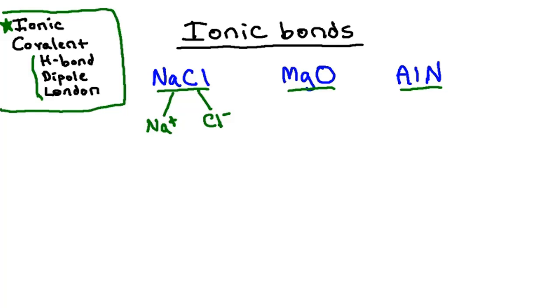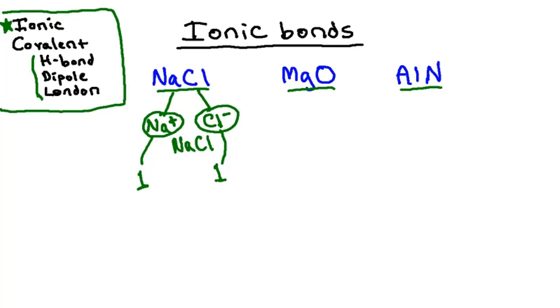And when they come together, the plus and the minus cancel each other out, and so you end up with NaCl, which has a neutral charge. It has no charge. But what you do is you separate these out into their individual ions, and as you can see, sodium has a +1 charge, and chlorine has a -1 charge.